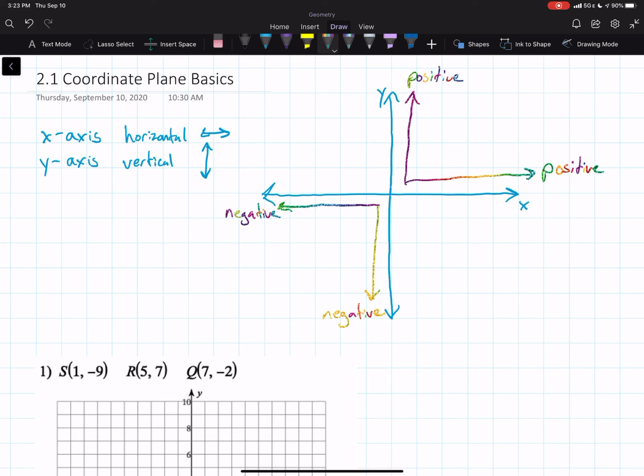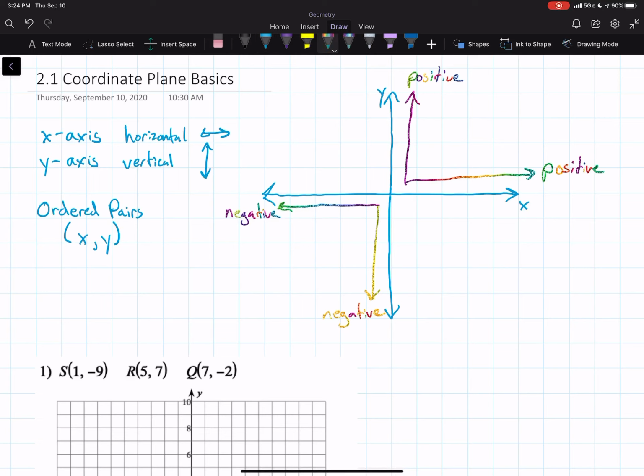All right, so let's talk about ordered pairs for just a second. Ordered pairs are the two numbers that you get with a comma in between them, and they tell you where on the coordinate plane to put something, and that's going to go x comma y. So you're going to go over left or right and then up or down based on whether it's positive or negative.